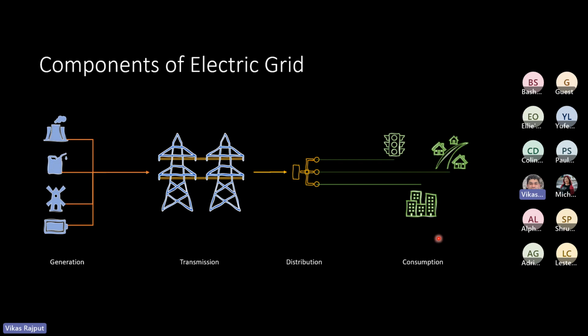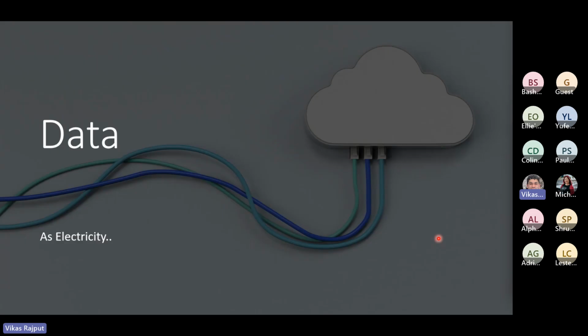And then there are individual consumption patterns and scenarios as well. So consumption is not one big block. This is a myriad of consumption patterns that you might see across different groups.